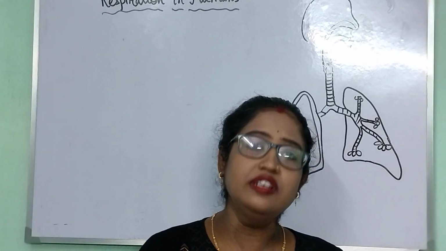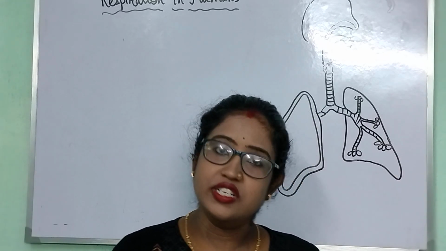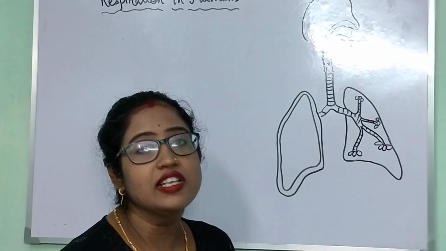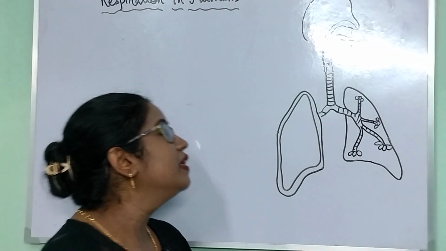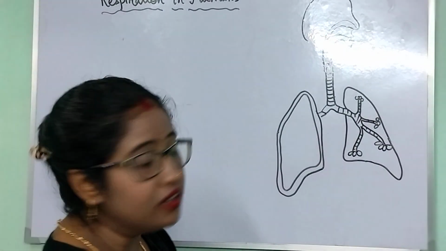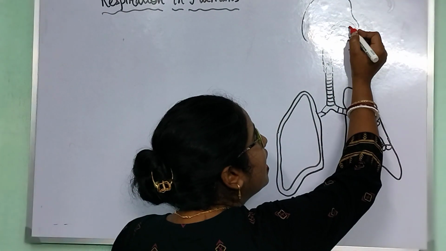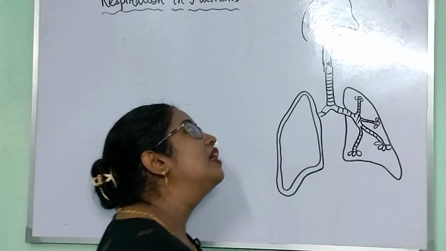Human respiration occurs in the respiratory tract. The human respiratory tract is a long passage which contains the nasal cavity, nostrils and nasal cavity. This is the nostrils and this cavity is the nasal cavity.